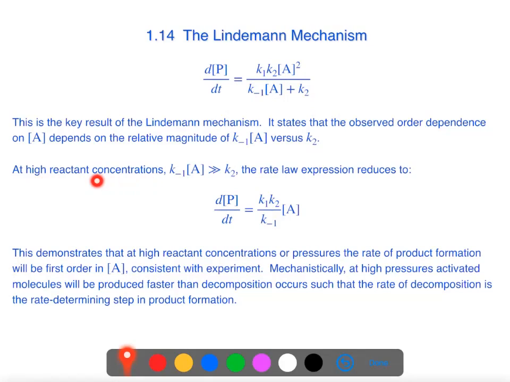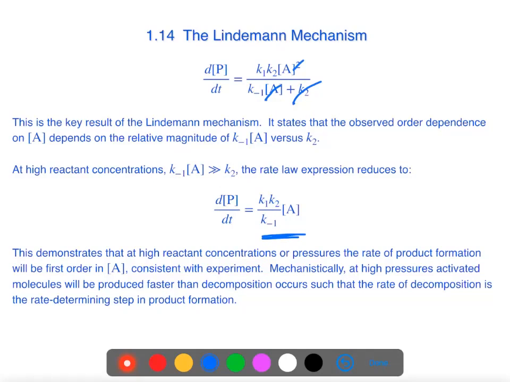At high reactant concentrations, the following condition will hold, where the product of the reactant concentration and k-1 will be much greater in magnitude than that of the rate constant k2. As a result, we're going to see this term drop off and a cancellation of the concentration of A into the numerator. And that's going to leave us with the following expression for product formation.